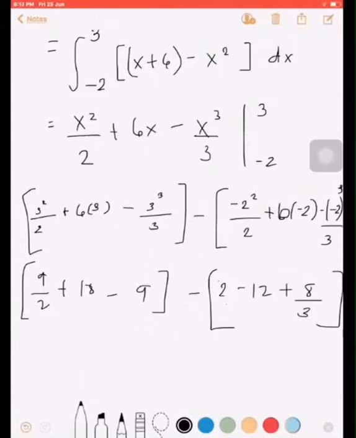So the area of the bounded region is 125 over 6 square units. That is the answer, or that is 20.8 square units.